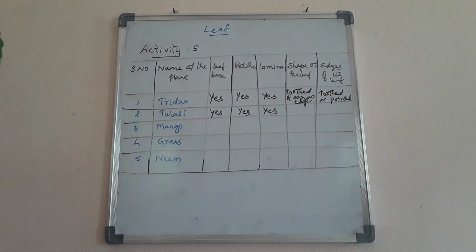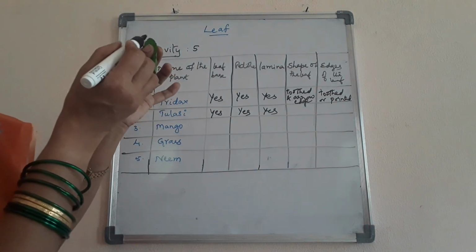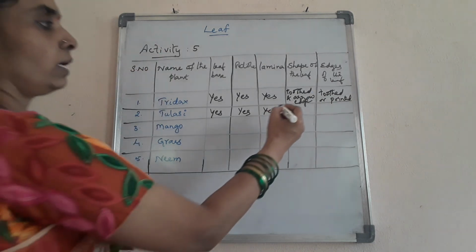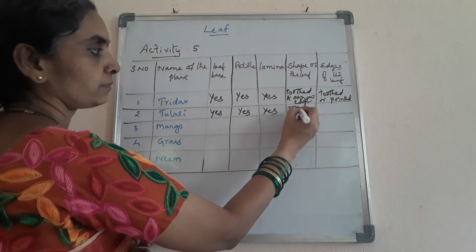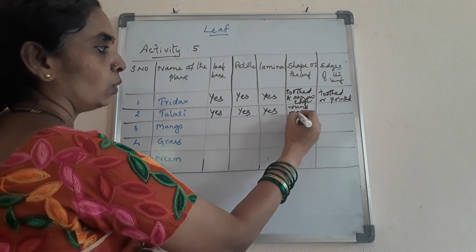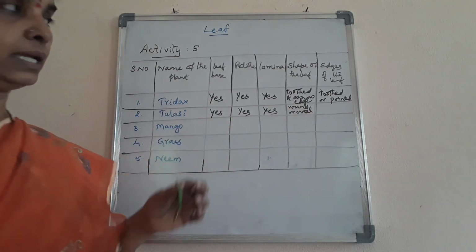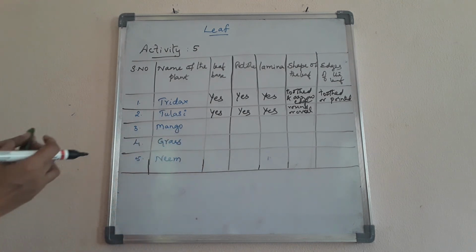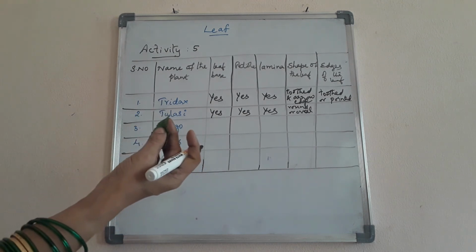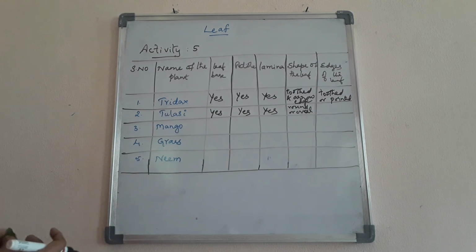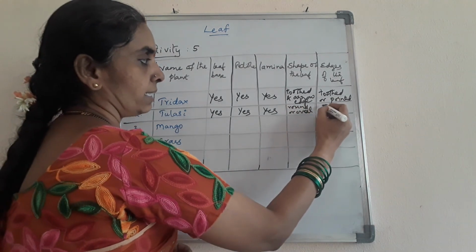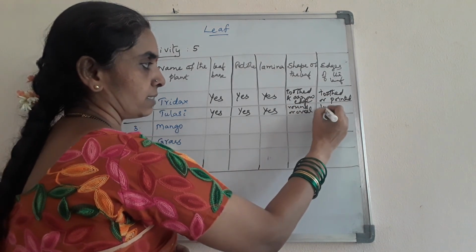And the tulsi has a round or oval shape. If you see here at the edge of the tulsi, you can see that it is round or oval shaped. Okay, and the edge. How are the edges of tulsi? It's also serrated or toothed, isn't it? You can write toothed for this also.